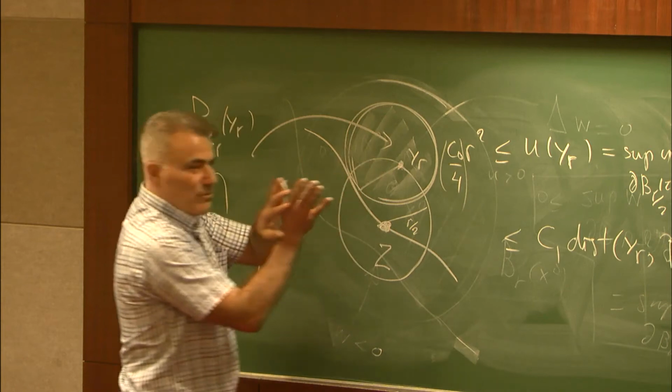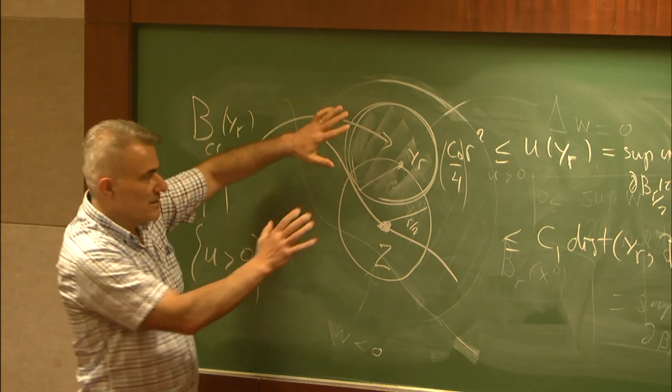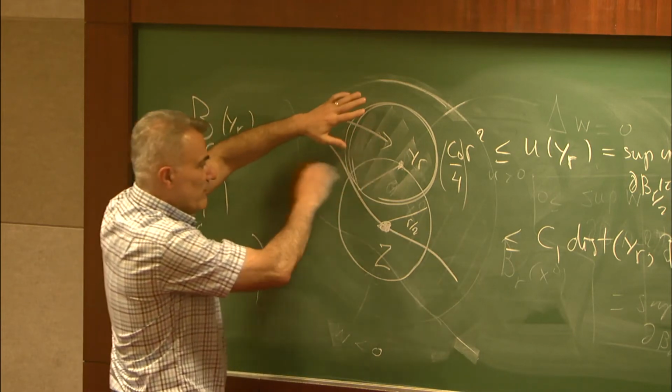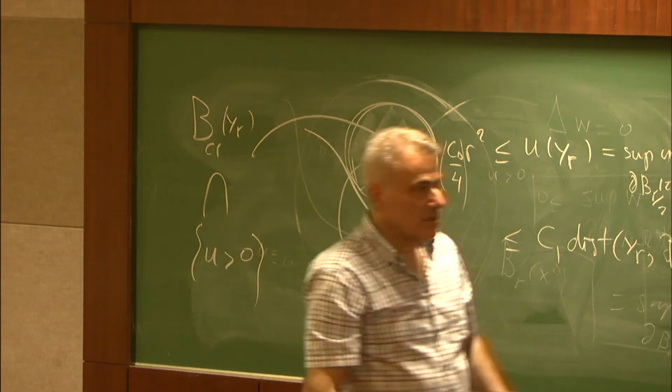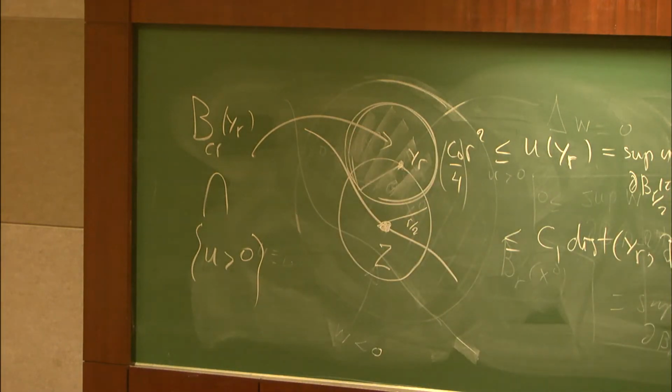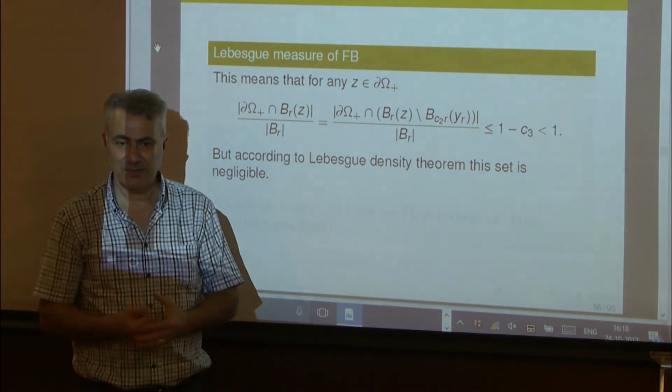We can take this out because the boundary of omega plus does not intersect it, as it's inside. So the measure of this set intersected with the ball is the same as this intersected with this, because this set never sees the small ball, so it doesn't care.